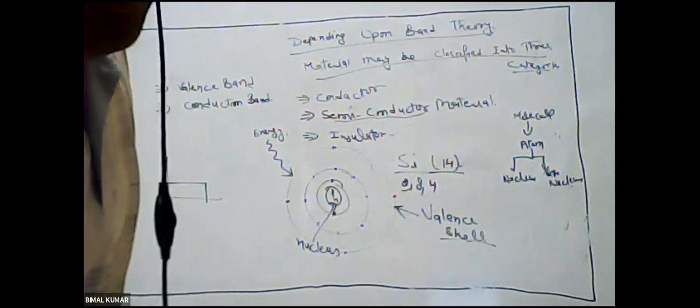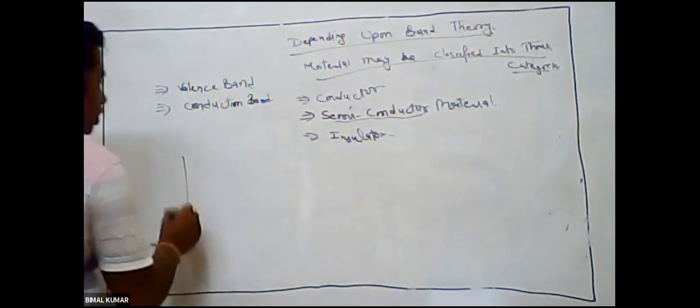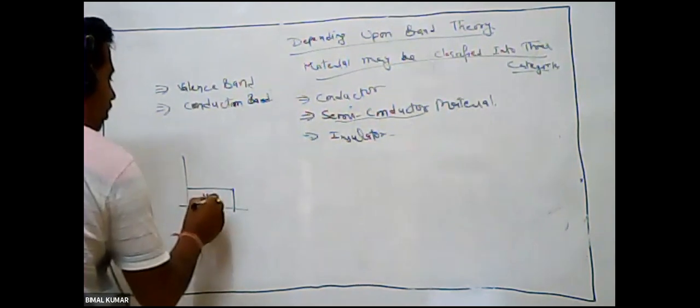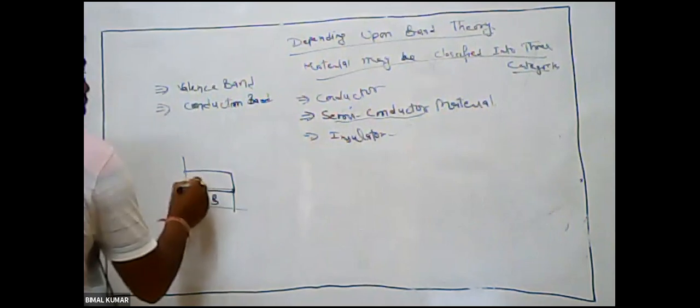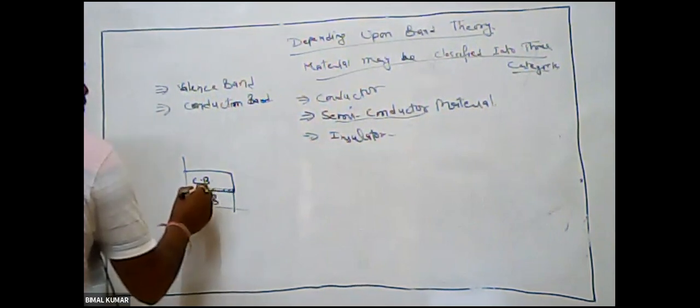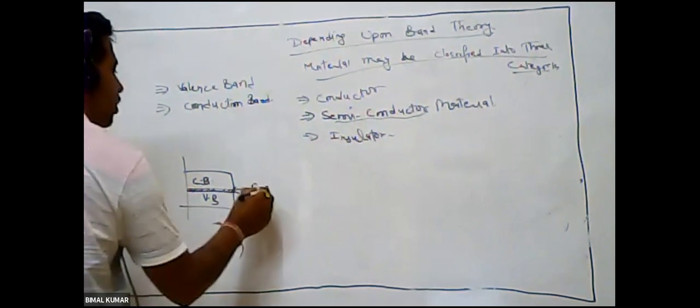Now, as per band theory, this is your valence band and this is your conduction band. This gap in between is known as the energy gap.